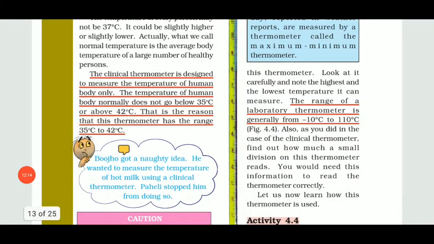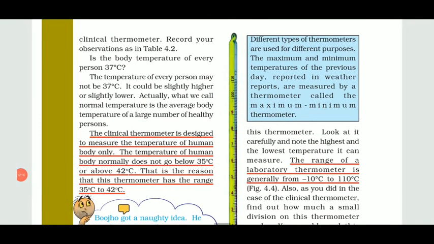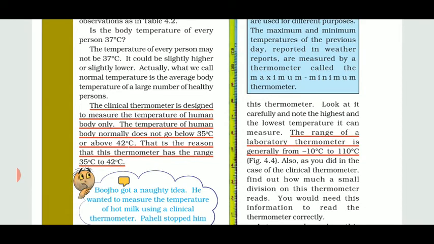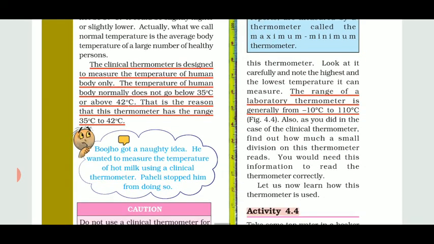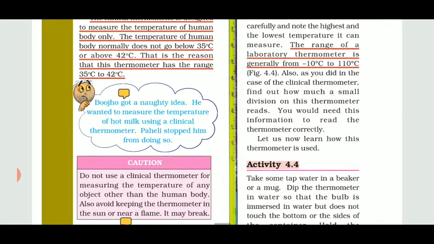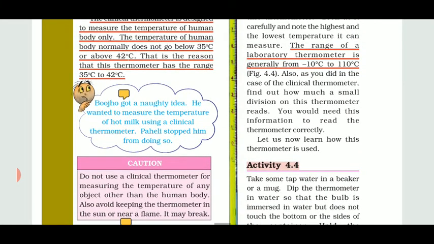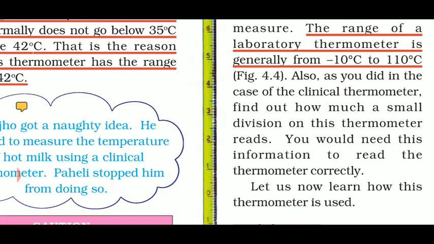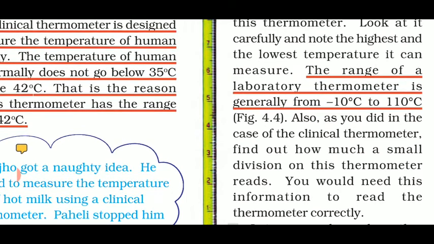Like a clinical thermometer, a laboratory thermometer also consists of a thin glass tube. It contains mercury in its bulb. But the difference is that the range of a laboratory thermometer is generally from minus 10 degrees Celsius to 110 degrees Celsius.